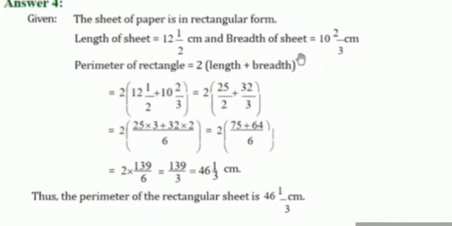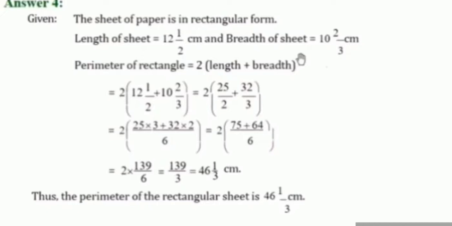Now both the denominators we will make the same. So this 2 we will multiply by 3. So the same as numerator, 25 into 3, and plus this side 3 into 2, 6 will come, so the same as numerator 32 into 2, what? 64 will come. So 2 in bracket 75 plus 64 upon 6.